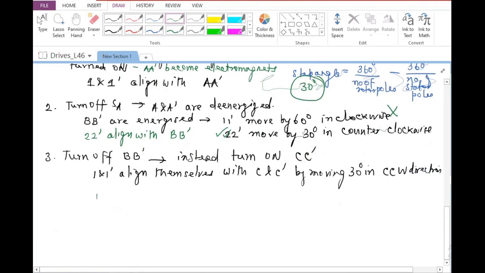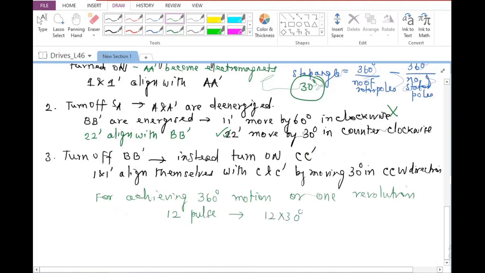So for achieving 360-degree motion, or one complete revolution, you will require 12 pulses, because 12 multiplied by 30 degrees gives us 360 degrees, or one revolution.